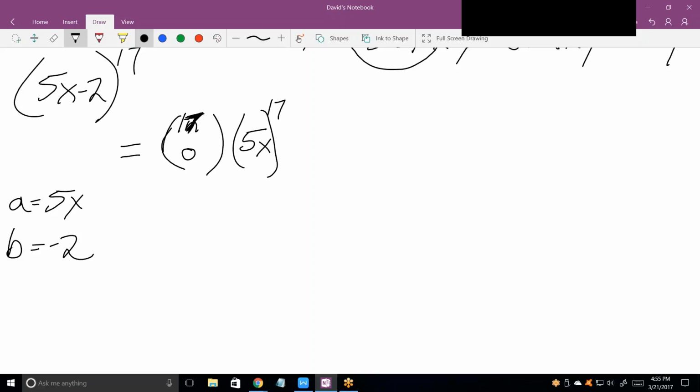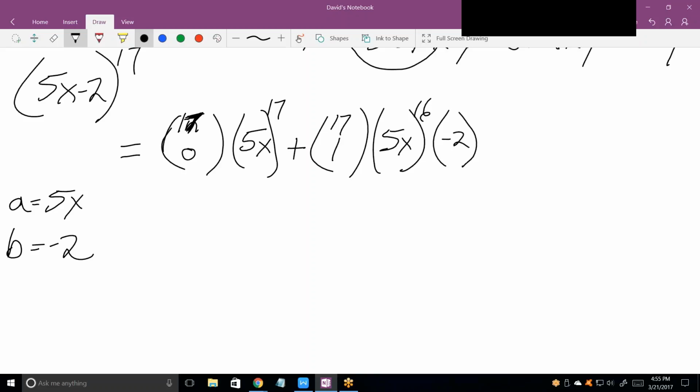Every number to the 0th power is 1, so I don't need to write the B part. Now, that's the first term. What's the second term? 17 choose 1. And then 5x to the 16th, and a minus 2 to the first. Third term?